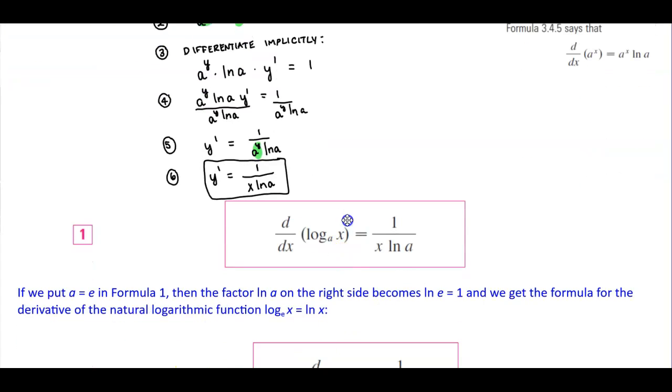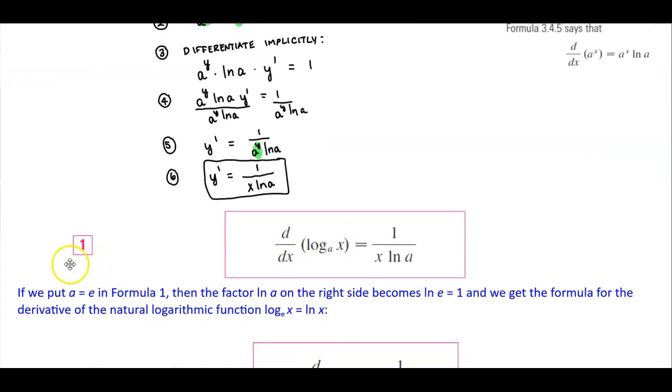So this gives us our first formula. Formula 1 tells us that the derivative with respect to x of the log of base a of x is going to equal 1 over x times the natural log of the base a.